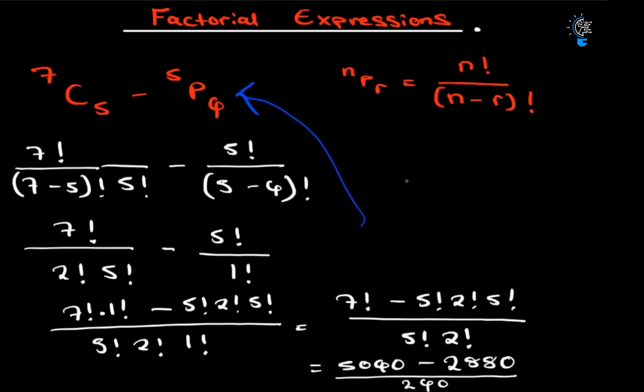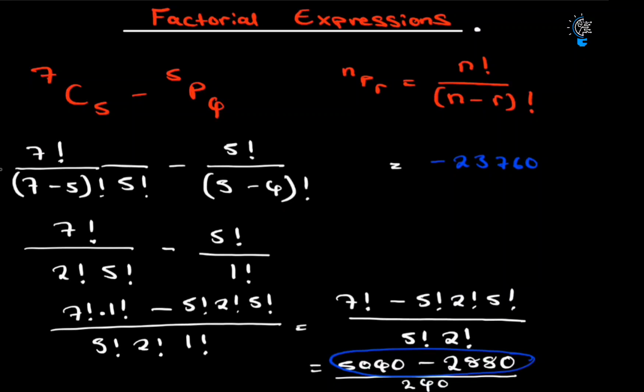Okay, let's clear these things and we are going to end up with this part, the numerator part, will give us a negative 23760. Are we sure? Let me double check my work.